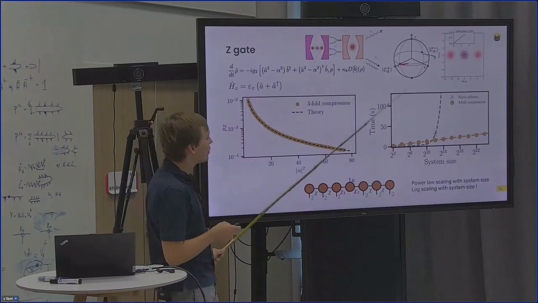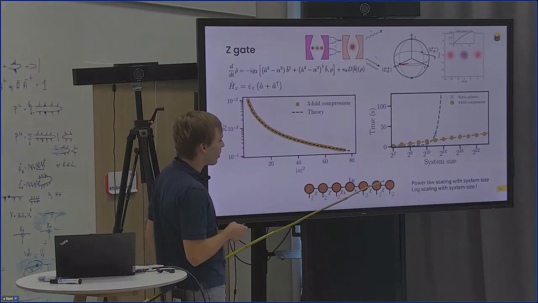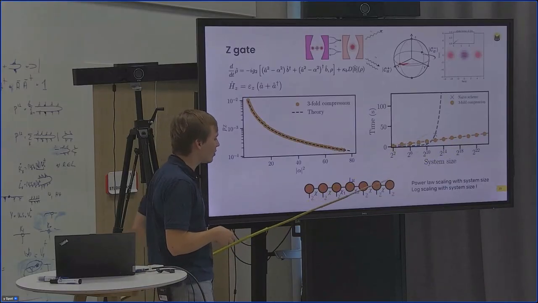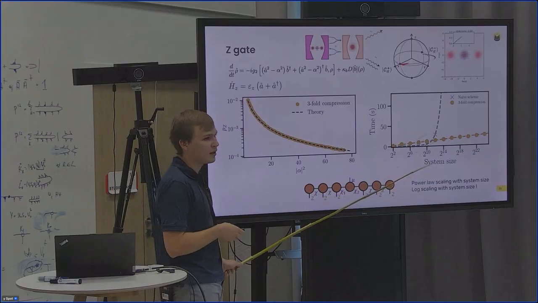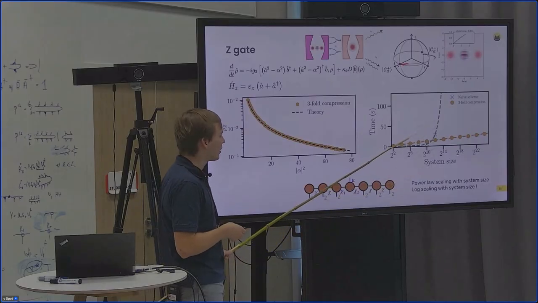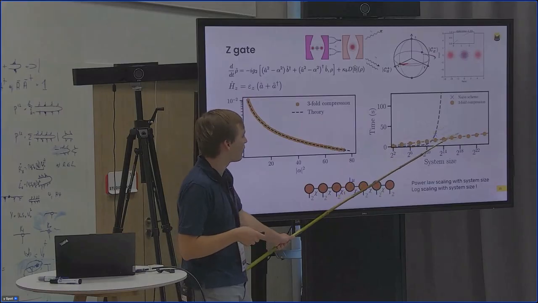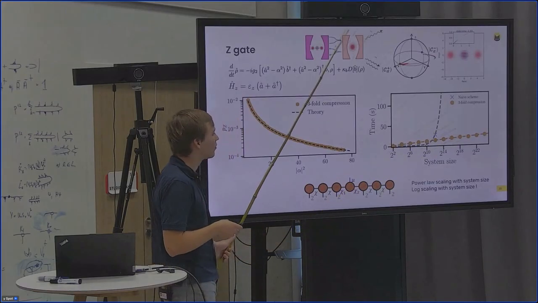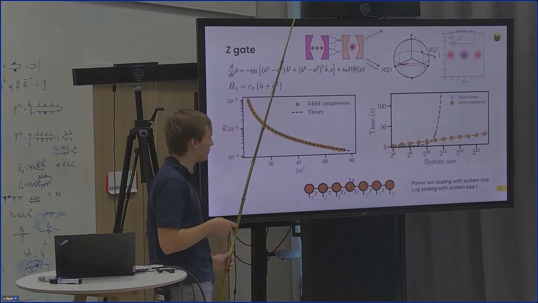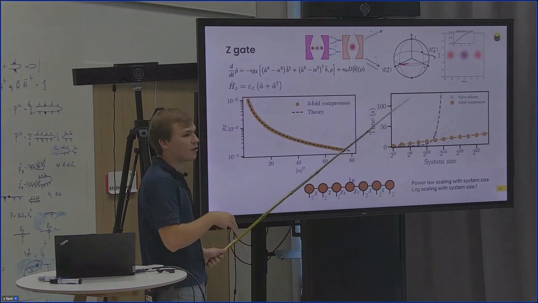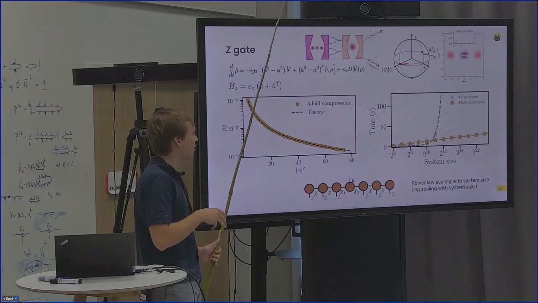But in this representation, multiplying by 2 the size of the Hilbert space means just adding one more tensor, so you have a log scaling of the simulation time with the system size. So you can simulate quite big systems in reasonable time. Of course, you don't gain anything if your system is quite small, because the overhead of the representation will be too bad.